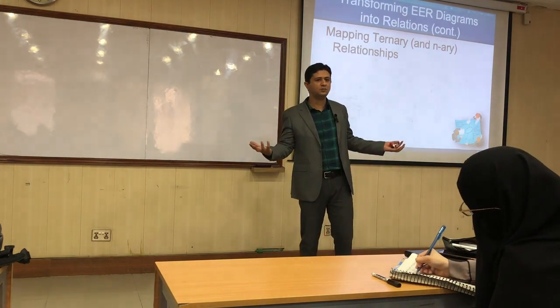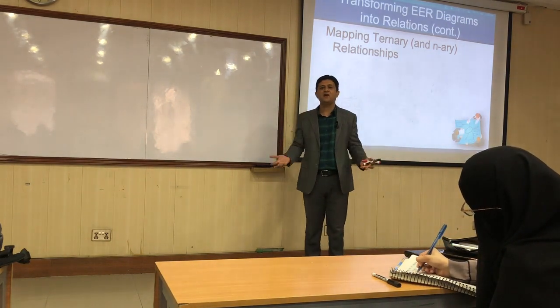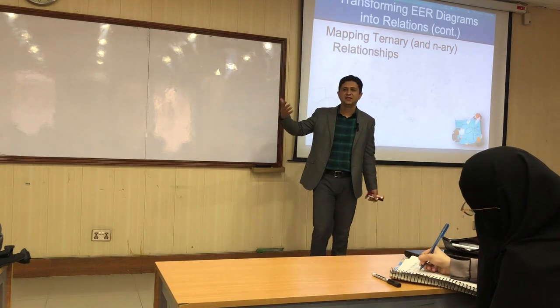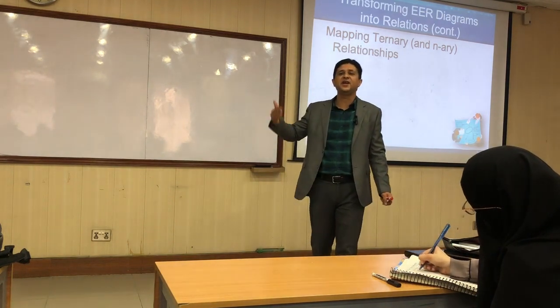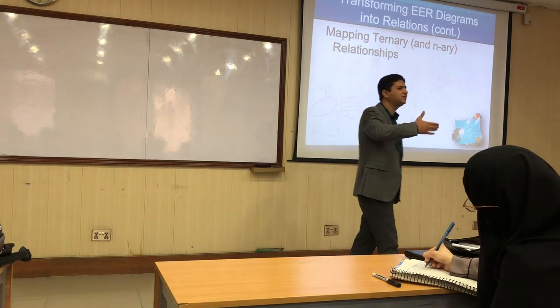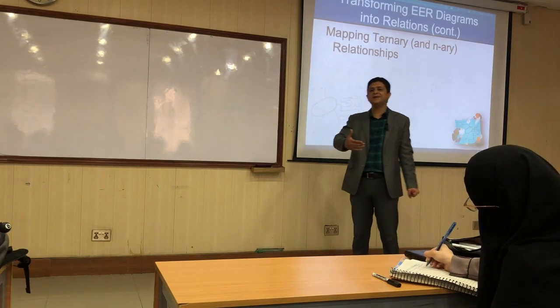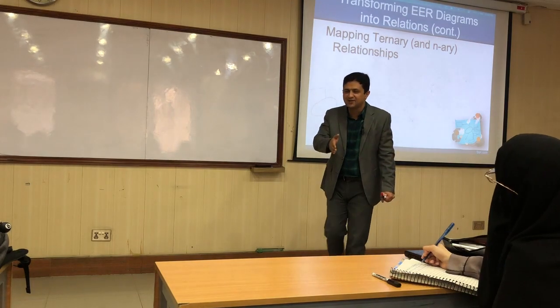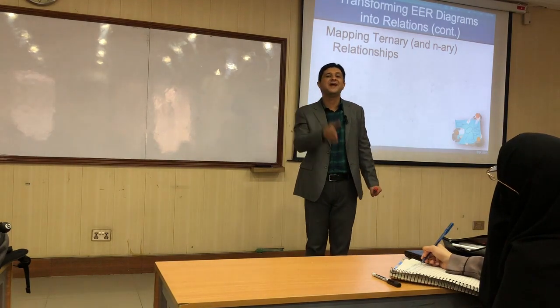So what is the rule? Whenever there is a one-to-many cardinality, and because all of these newly created relationships are binary degree relationships, what is the rule on conversion of binary degree relationships with the cardinality of one to many?